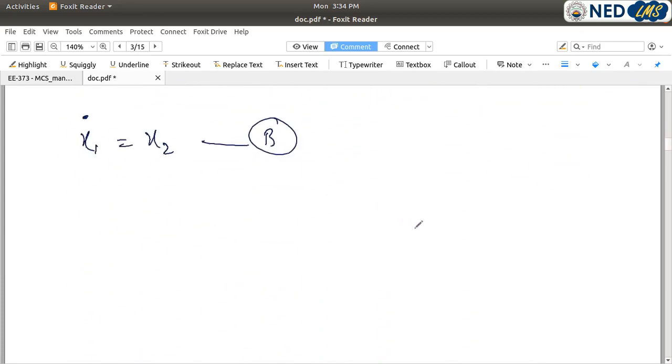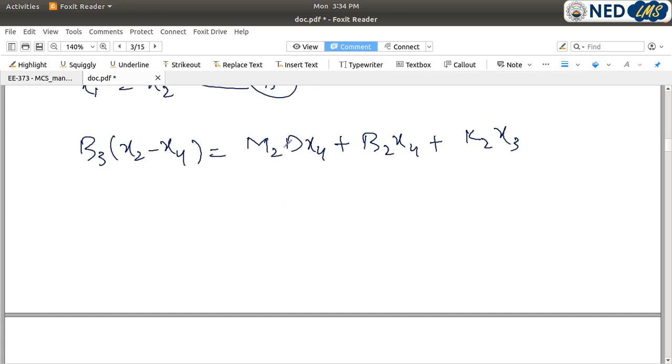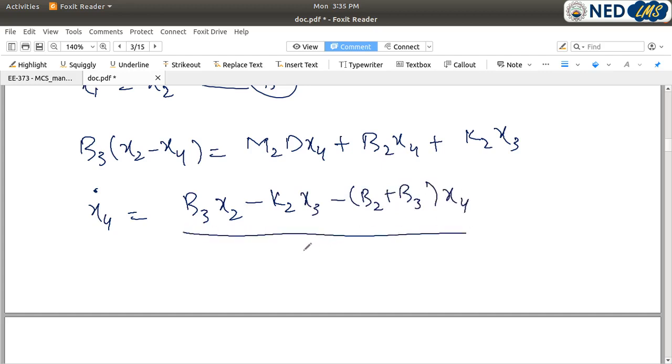So writing the third state equation, b3 (x2 minus x4) is equal to m2 D x4 plus b2 x4 plus k2 x3, or I am rearranging to write x4 dot, which is x4 dot is equal to b3 x2 minus k2 x3 minus (b2 plus b3) x4, whole upon m2.